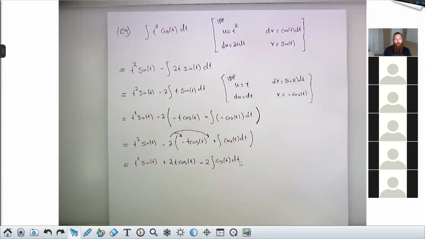And the magic is no more polynomial. You've differentiated the polynomial away. You just have the integral of cos t. Oh, well, that's sine t.